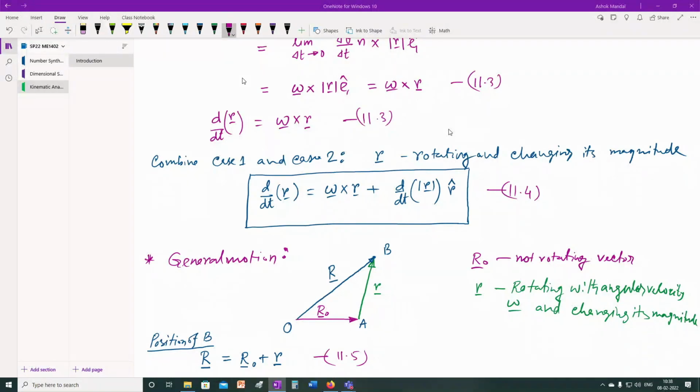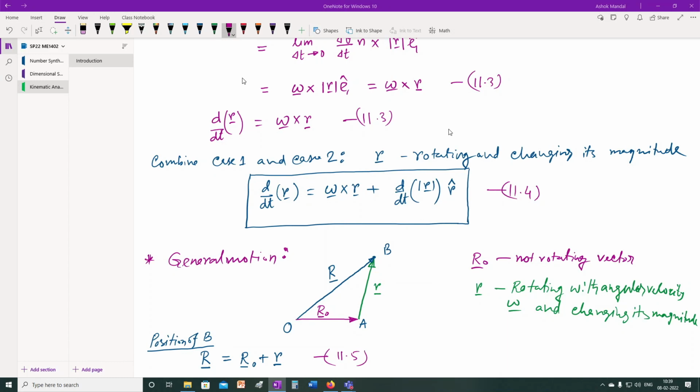Such a system we see in earth movers, JCB. In those cases, you will see a link is changing its length, coming out of a piston. Changing its length, and also it rotates.